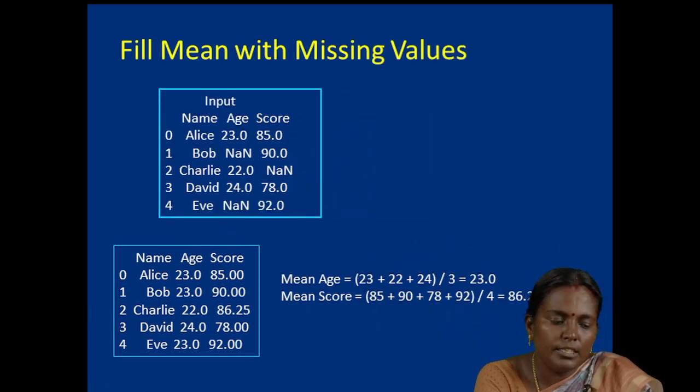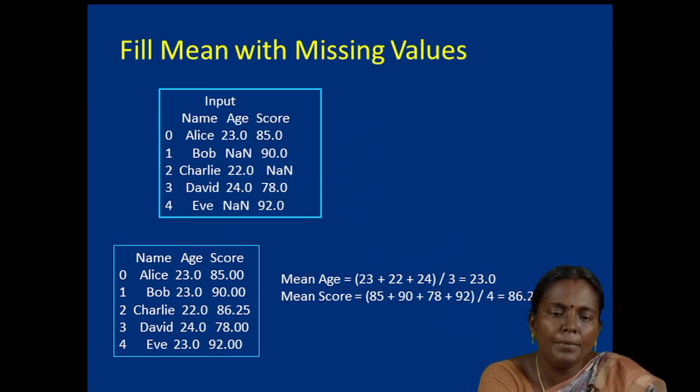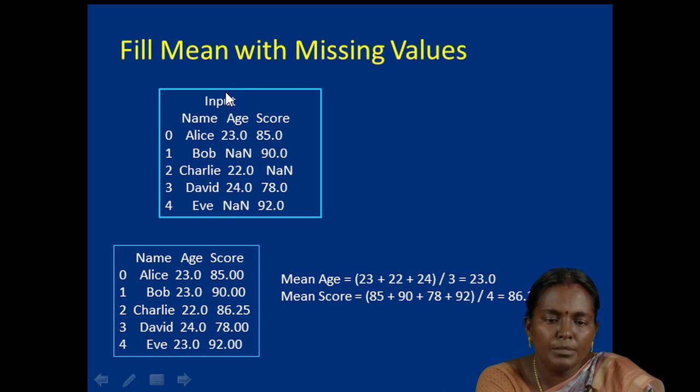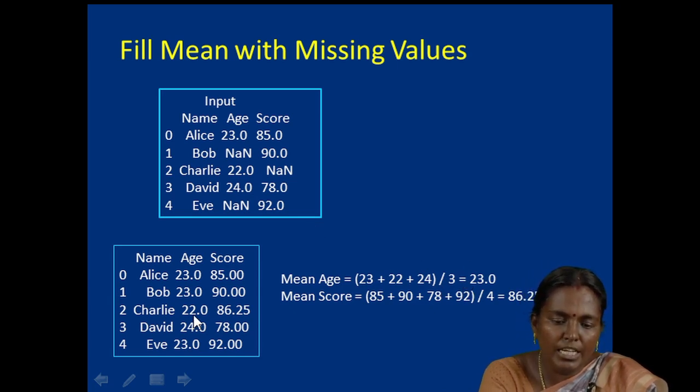Then the other method is applying the mean value for filling the missing values. Here the age mean is calculated by adding 23, 22 and 24 and dividing by 3, and you get the value 23. So for all missing age values, 23 will be filled.